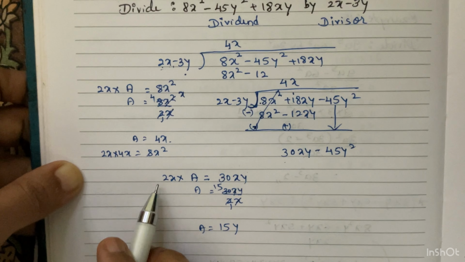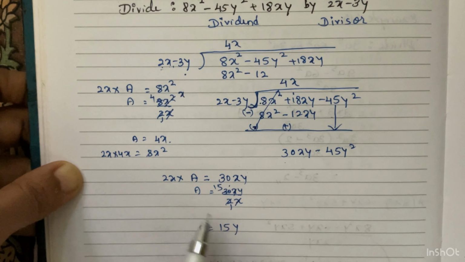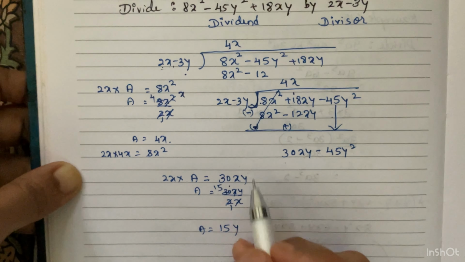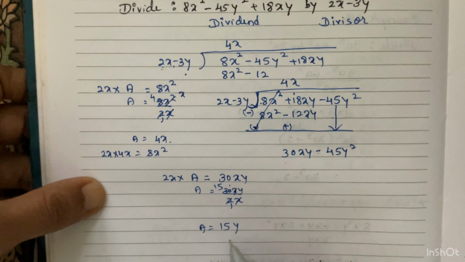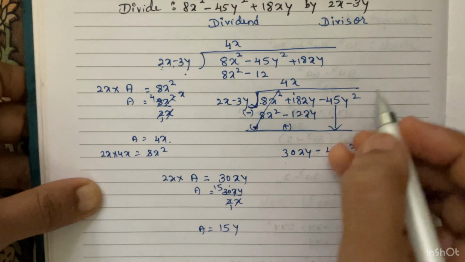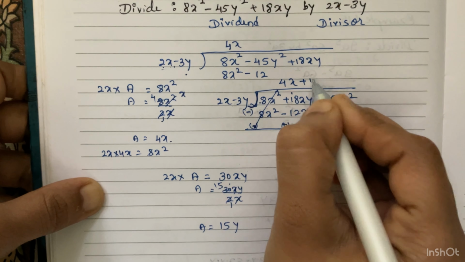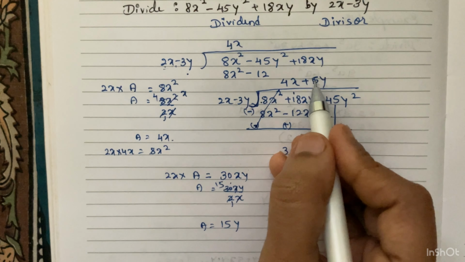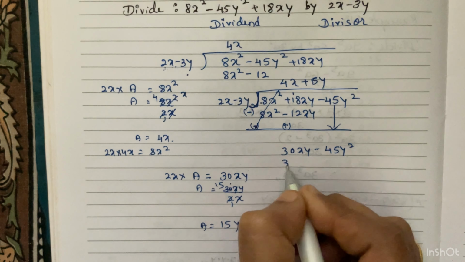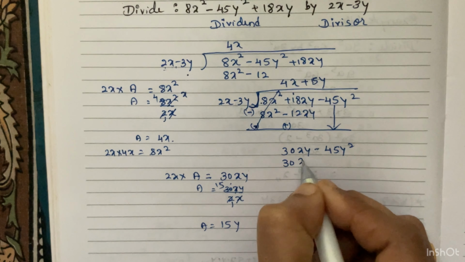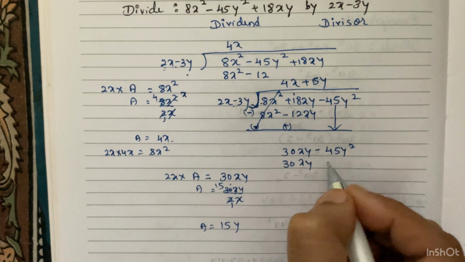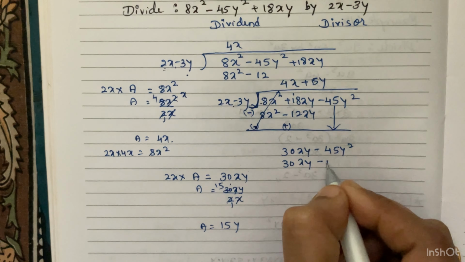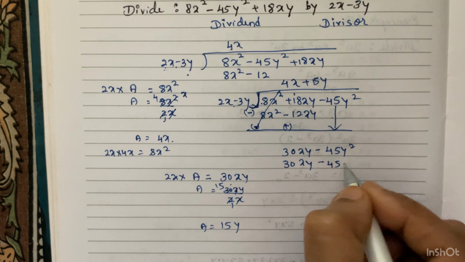Now you can calculate here, 2 15s are 30, x into y is xy. So what I'll write here is plus 15y, because it has a plus here. Now 15 into 2 is 30, x into y is xy. Now minus into minus, 15 3s are 45, y into y is y square.